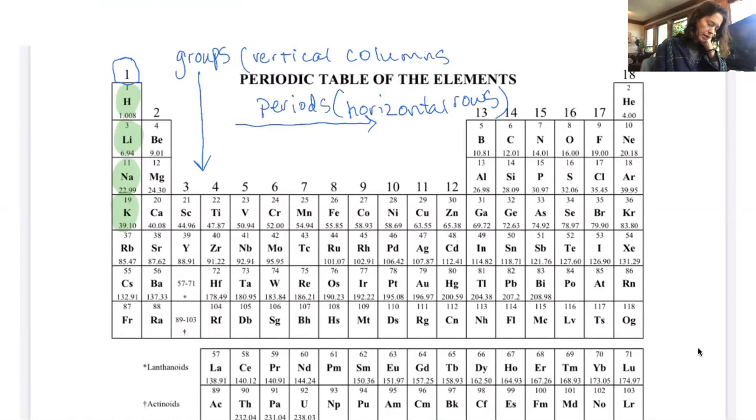So everyone that we just wrote a configuration for is in group 1. And they all had 1 valence electron. If I was to do the same thing for my group 2 elements, they would all have 2 valence electrons, right? I'm going to clean this up.